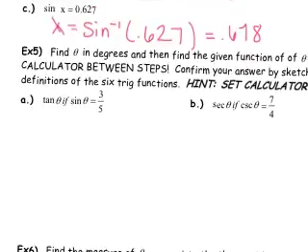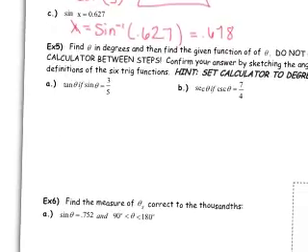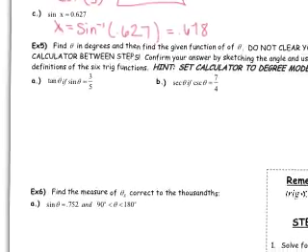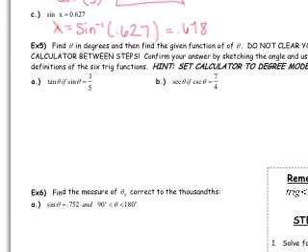Let's go down. Find theta in degrees and then find the given function of theta. Do not clear your calculator in between steps. Confirm your answer by sketching the angle. All right, so what I'm doing here is first pretend like all we've ever done is used a calculator.